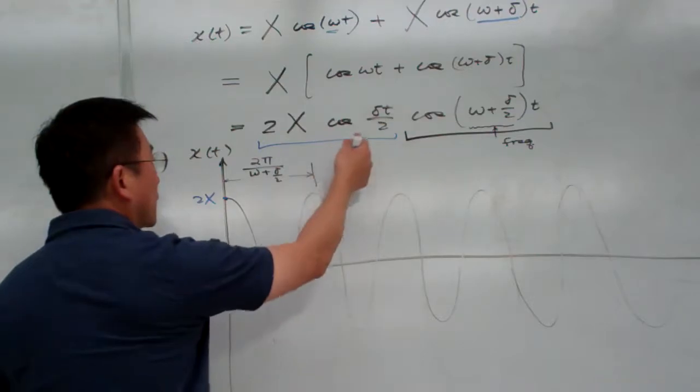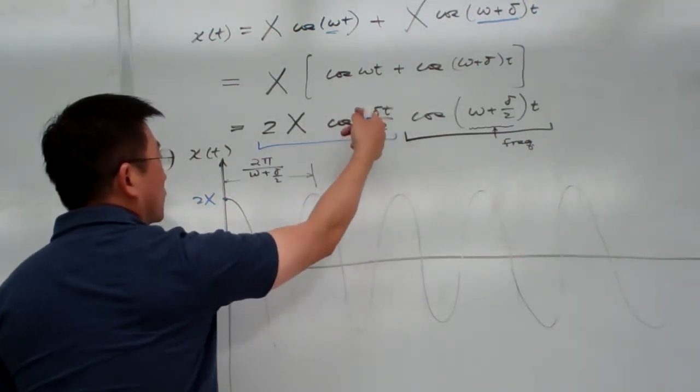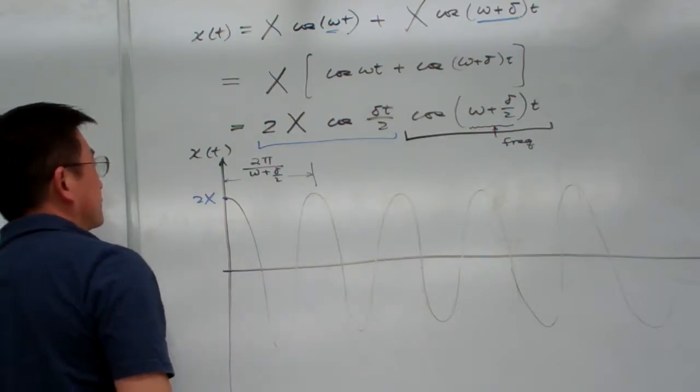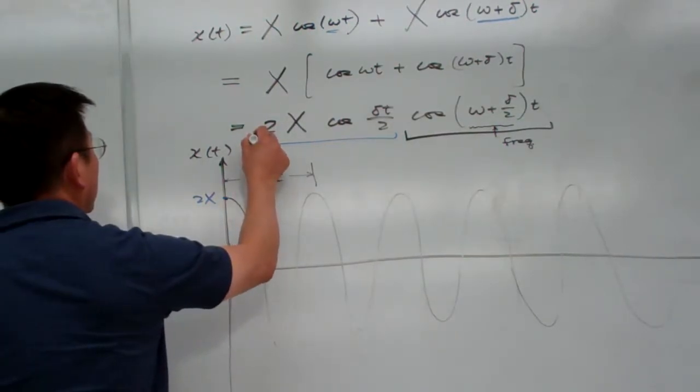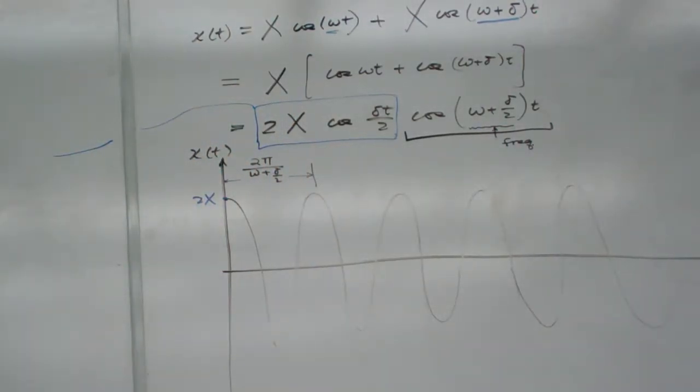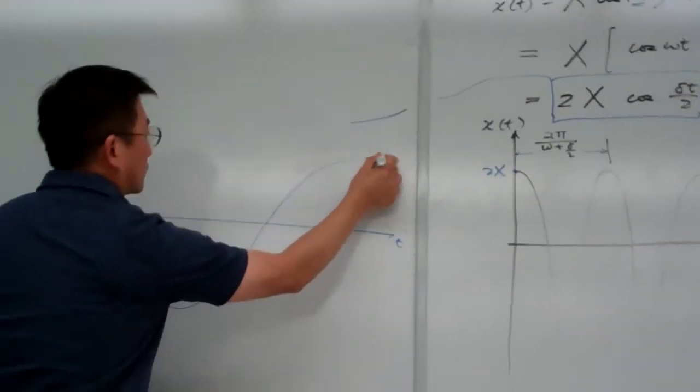So that means, for example, when t equals, say, let me draw this one here. So that one equals this again.